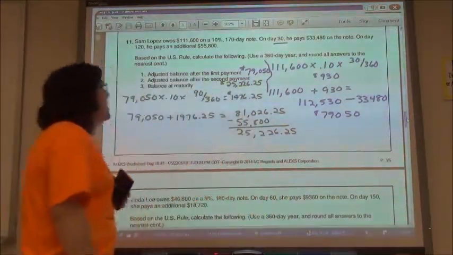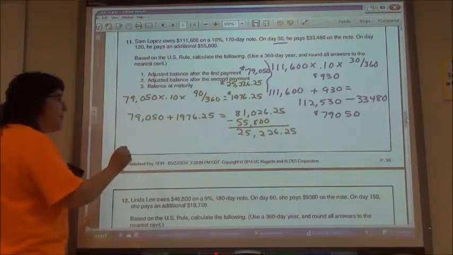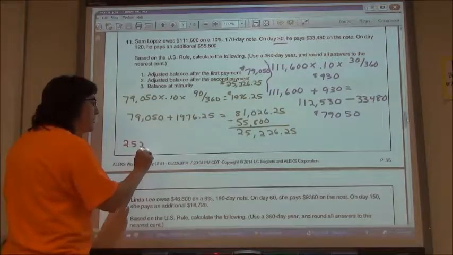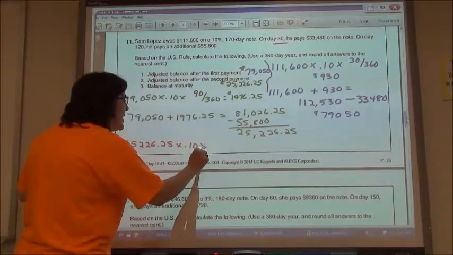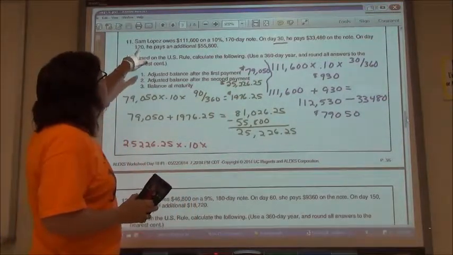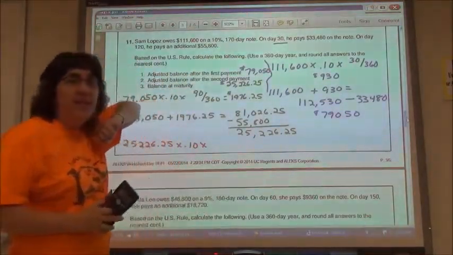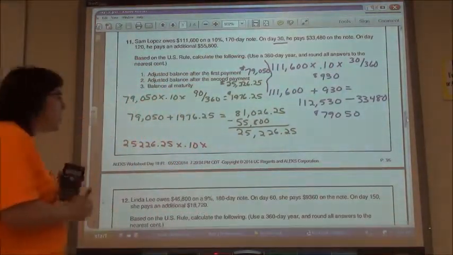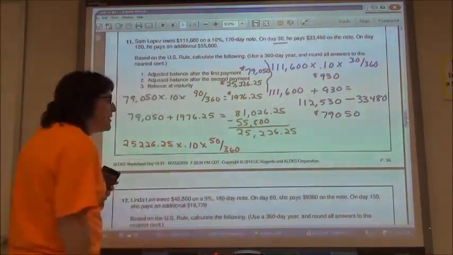Then it wants to find the balance at maturity, how much am I going to owe after the very end? So I'm going to take my $25,226.25 times my 10% interest, and I have to figure out how many days I have left on my note. This was on day 120. My note ends on day 170, so 170 minus 120 would be 50 days, so 50 out of 360.